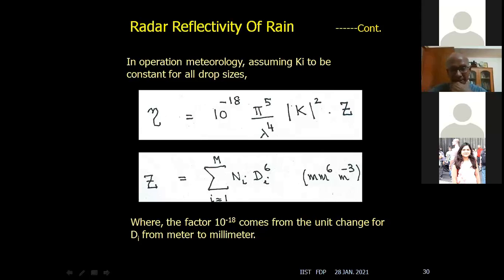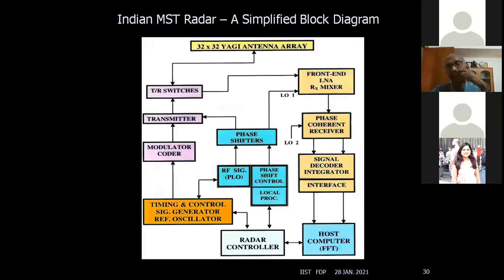Hello. So this is the final expression for determining the radar reflectivity of the MST radar. This is a block diagram showing the MST radar, which is a 32 by 32 Yagi antenna array.